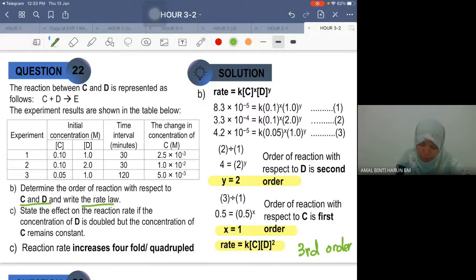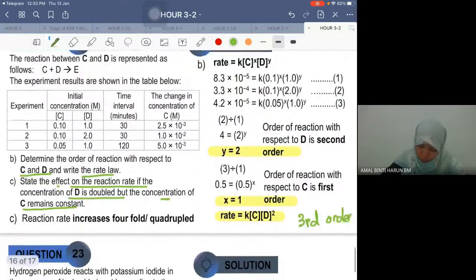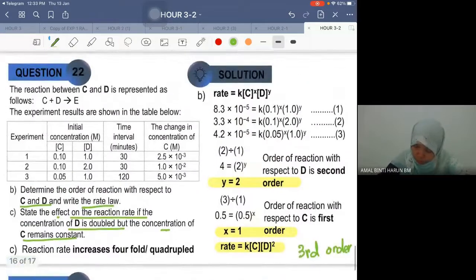State the effect on the reaction rate if the concentration of D is doubled but the concentration of C remains constant. Okay, mana ni?